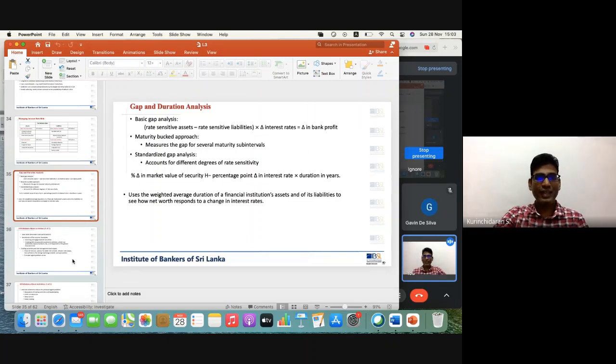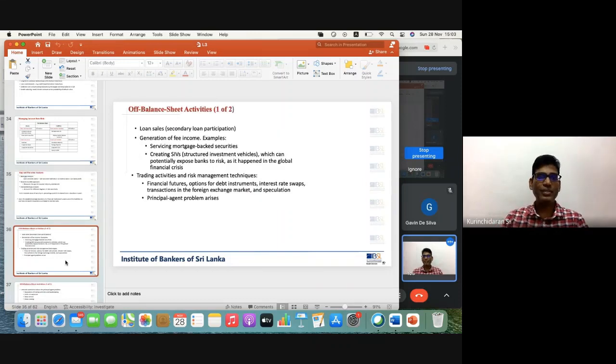Right? Okay. And then I'm just going to discuss off-balance sheet activities as well. When you do the managing part, the off-balance sheet activity is also very important. In a banking business, we have to consider that as well, because it's an increasing trend now.